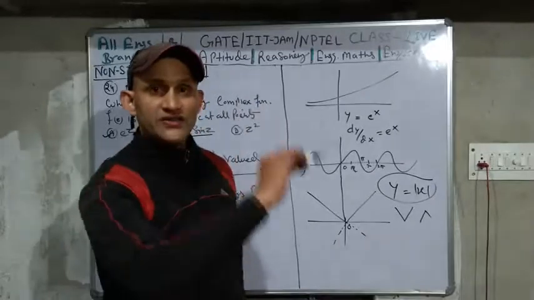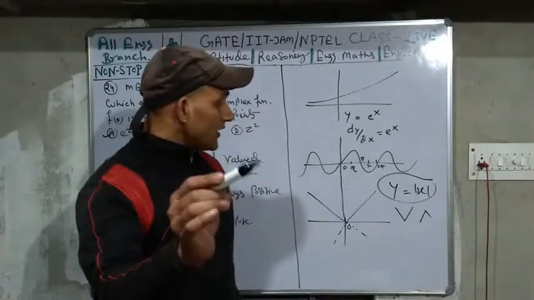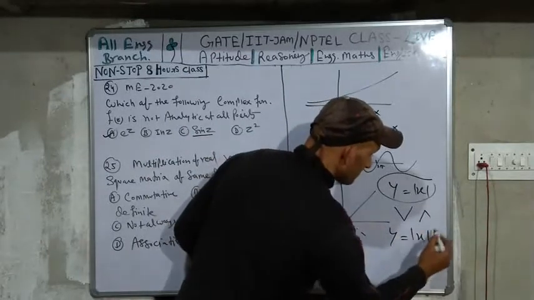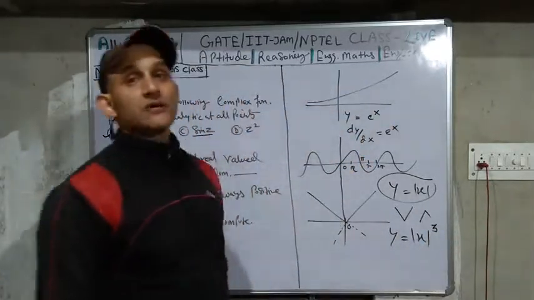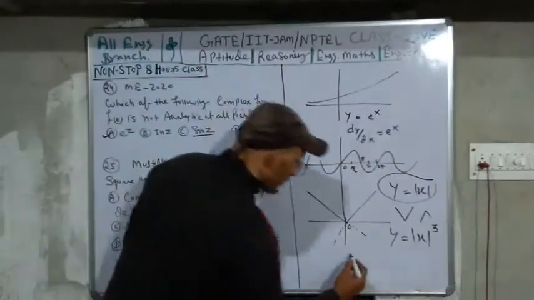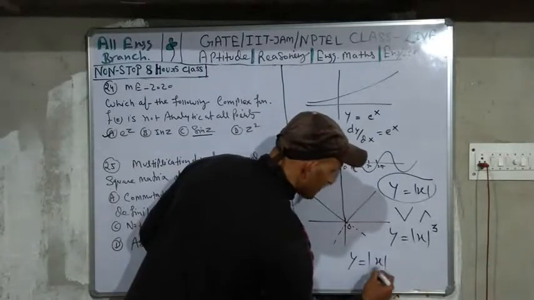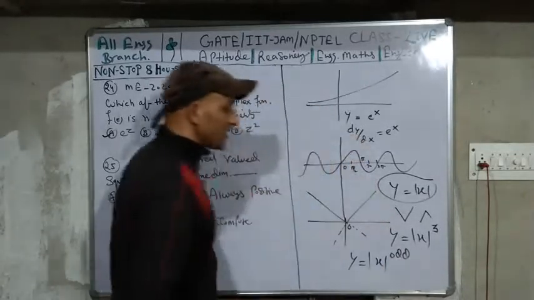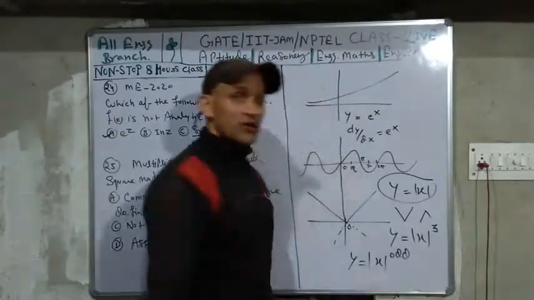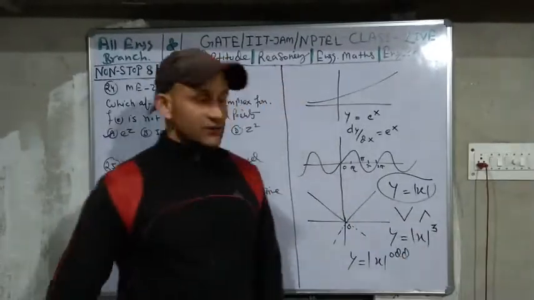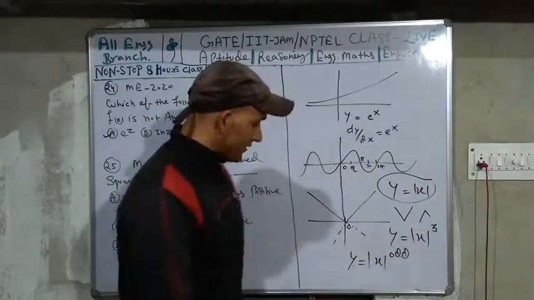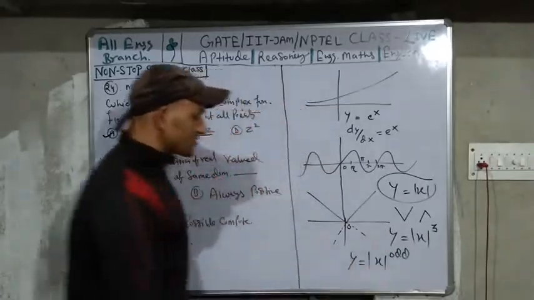I will give you one more shortest trick. Also, last time in the GATE exam they asked this question: y is equal to x power 3. Is this differentiable or not? I will give you one trick. y is equal to mod x to an odd power is not differentiable at 0. Such a function, if the power is odd, is not differentiable.